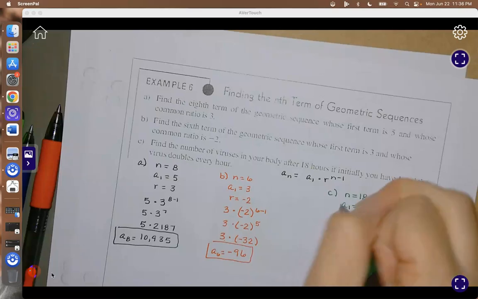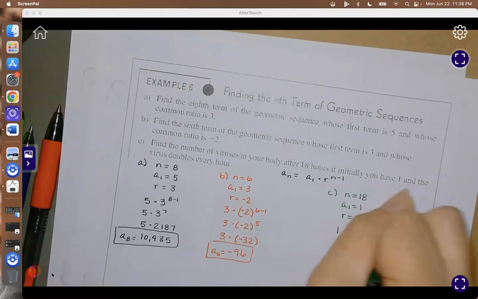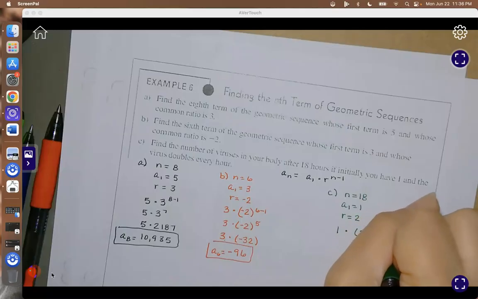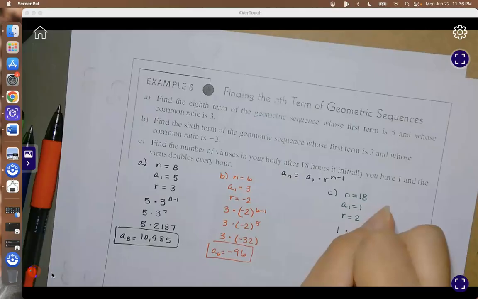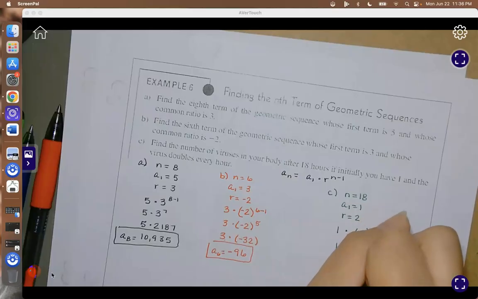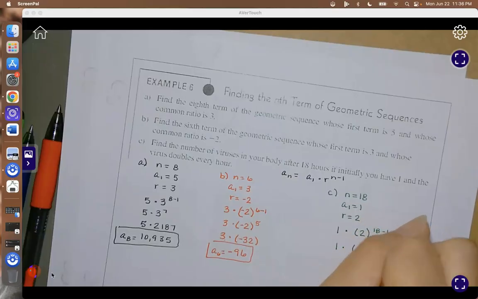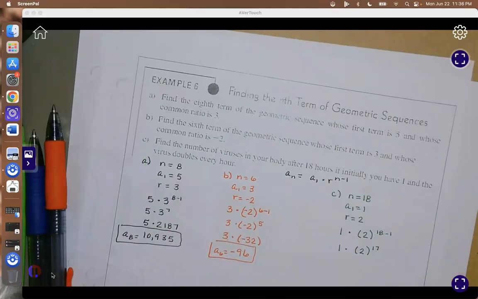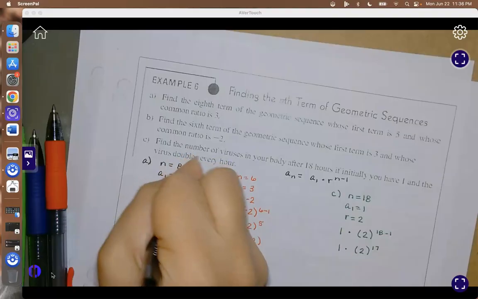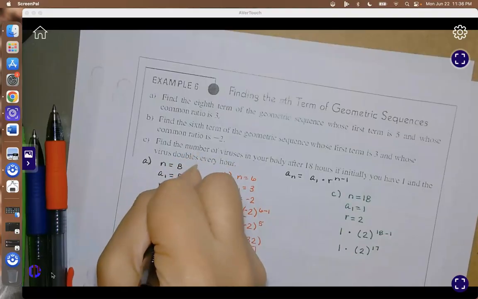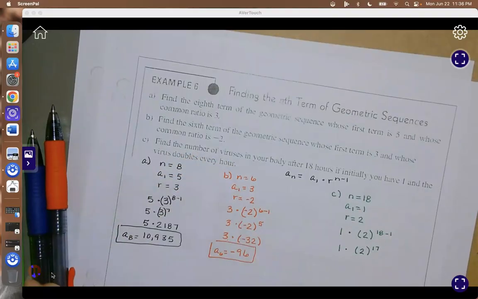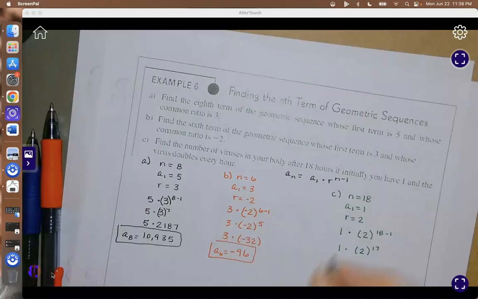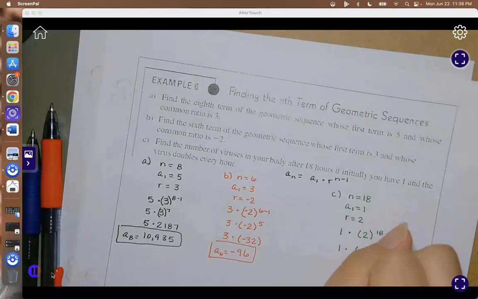Okay, so you have 1 times 2 to the 18 minus 1. This is 1 times 2 to the 17th. And I guess if I wanted to be consistent, I should put parentheses around this. Okay. 2 to the 17th power.